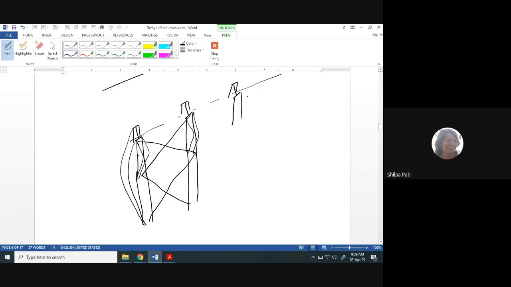Okay, so this is the side view of the building, and here is your truss like this. The truss is resting on your column like this. This is the second truss.